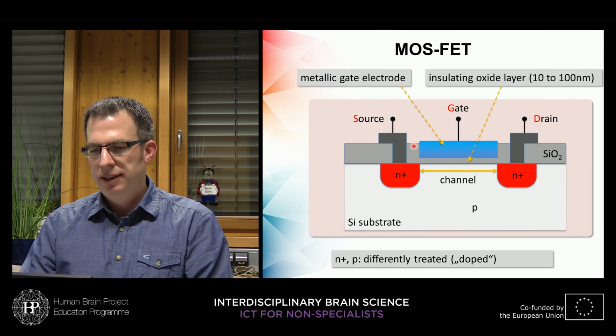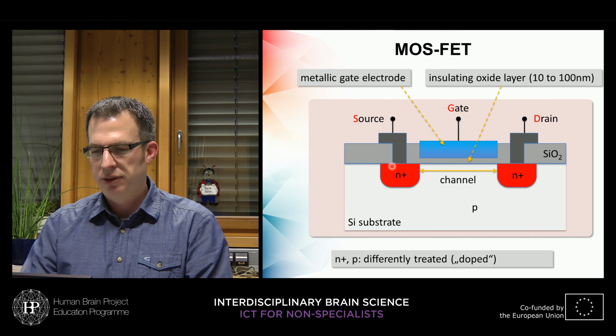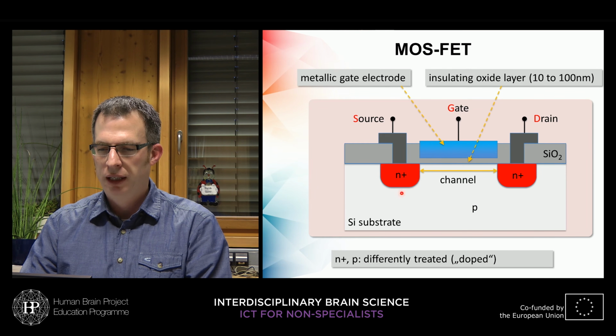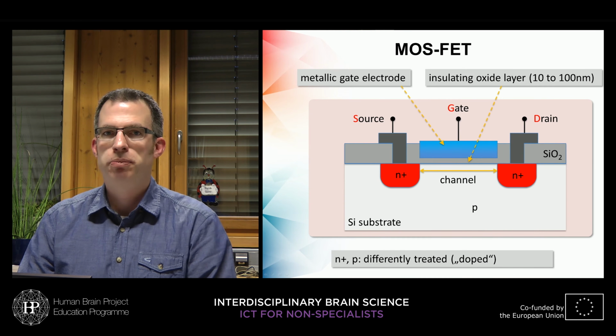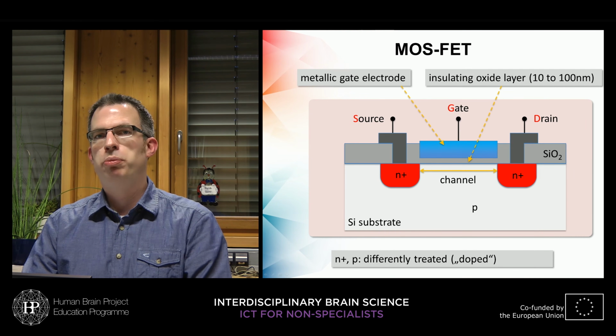The gate terminal is this metallic structure here, and inside the silicon substrate we have semiconducting areas that are treated differently. So the substrate is so-called p-doped, and the source terminal, which is this one here, and this red area, as well as the drain terminal, this is just a connection, and this red area down here, they are formed by different doping techniques.